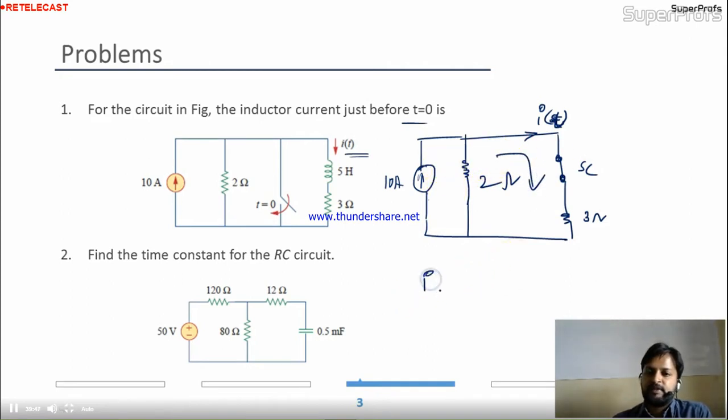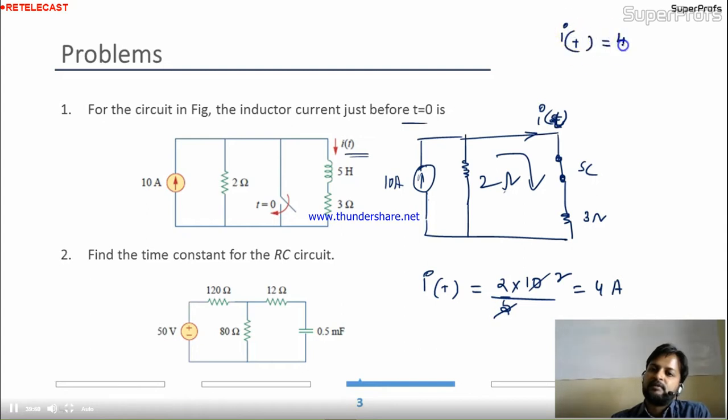So this branch current is the opposite branch resistance into the main current divided by 2 plus 3. It's 5, 5 2s are 4 ampere. So this question is answered. IT equal to 4 ampere.